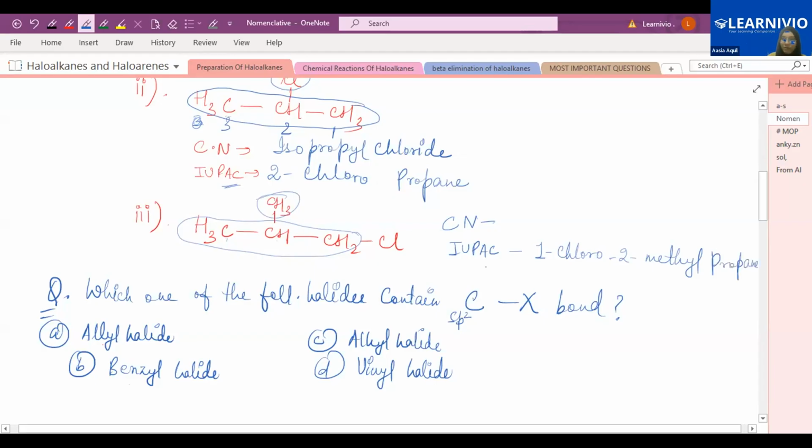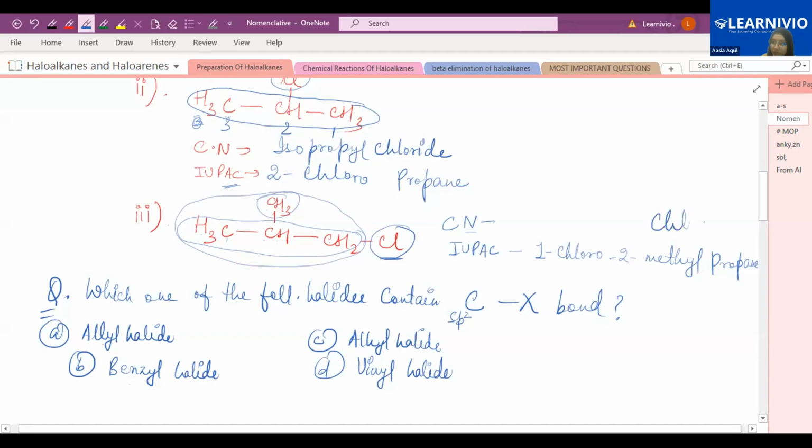So what is the common name for this? Again, this is your iso type of structure, right? When we use the word iso, we take all these carbons, meaning 1, 2, 3 and 4 carbons. So the total carbon is 1, 2, 3, 4. In the common name, first write down the parent root word, and at last we write the halide word.